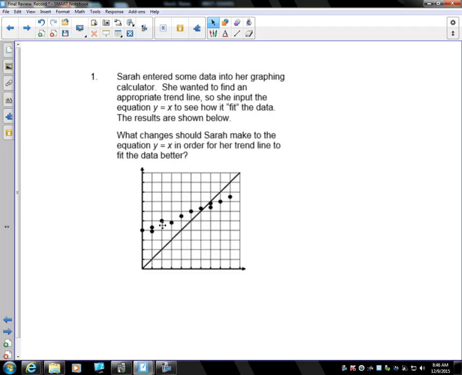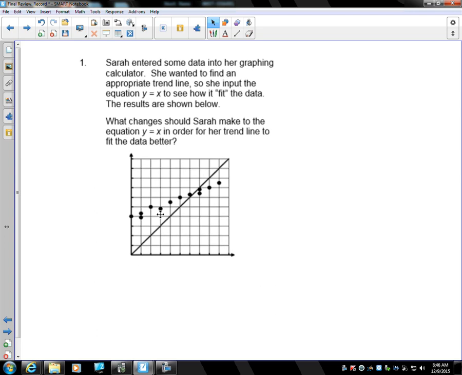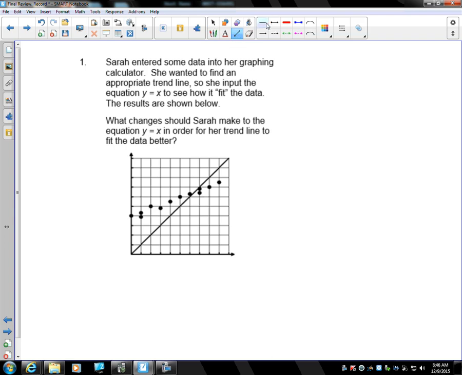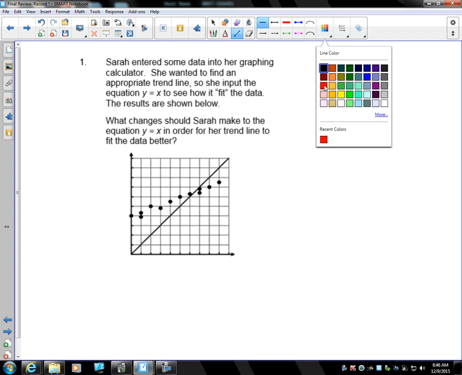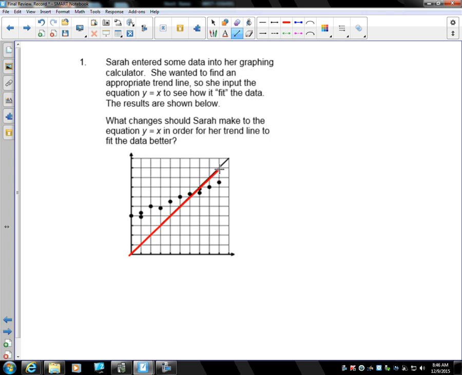Sarah entered data into her calculator. We have a line of best fit and some data, and we need to figure out what to do to this line of best fit or trend line to fit the data a little better. What I'm doing with this red line here, you can do with your pencil on the test. Here's our trend line, and the black dots are our data.